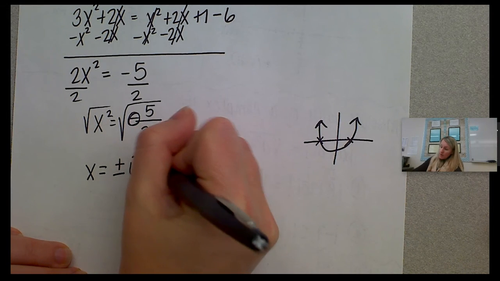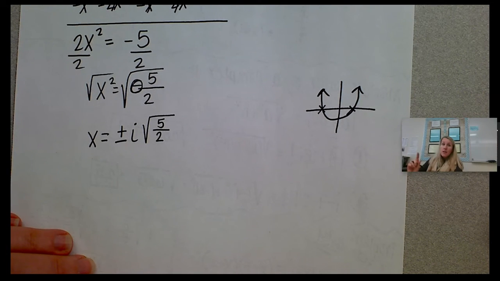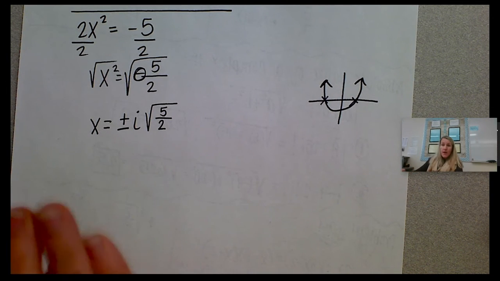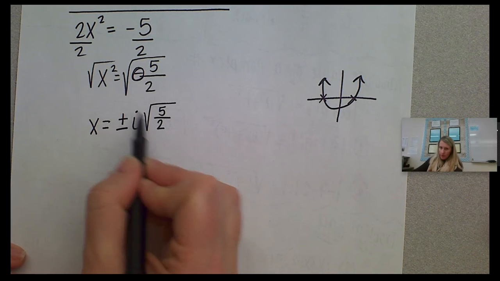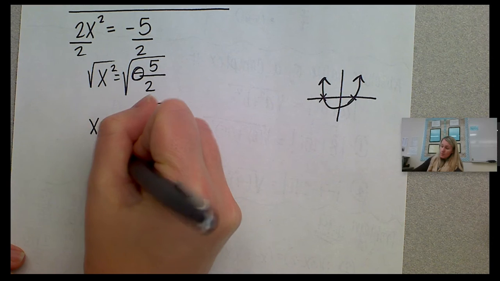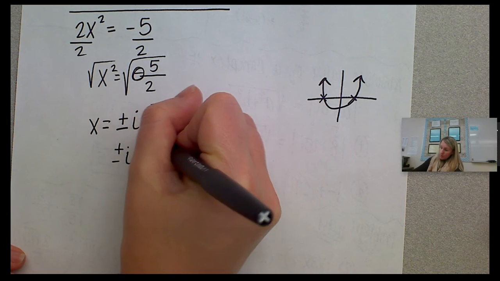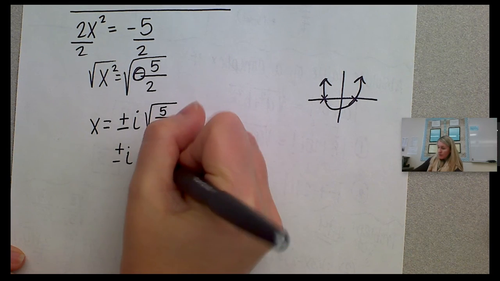And then we end up with the square root of 5 over 2. Hey, that looks exactly like the one we just did when we said we don't want to write answers like that. It's just not simplified. So I'm going to simplify as I go. I'm going to write plus or minus i so I don't lose it. So I'm going to rewrite it as plus or minus i, but I'm going to split it up. So I have the square root of the numerator over the square root of the denominator.